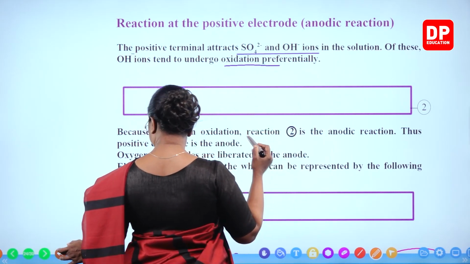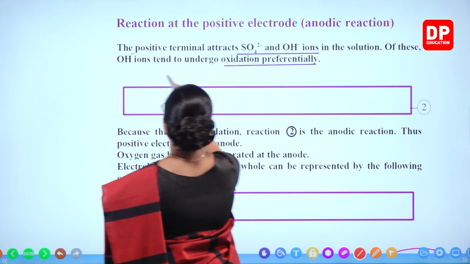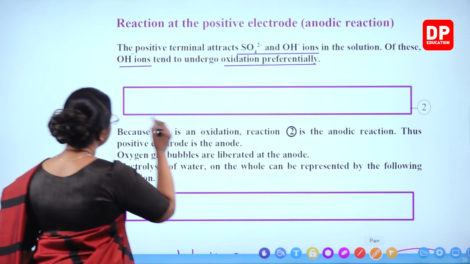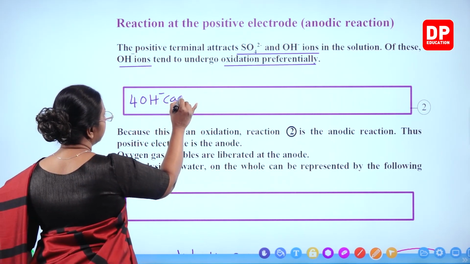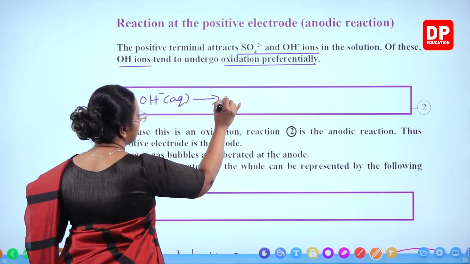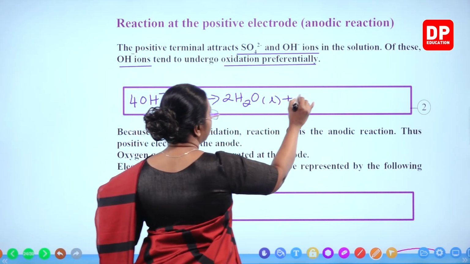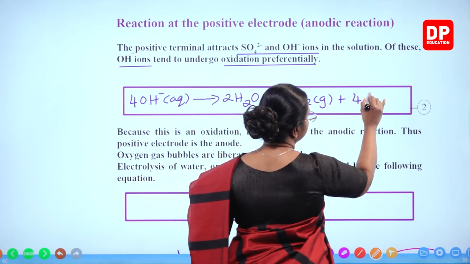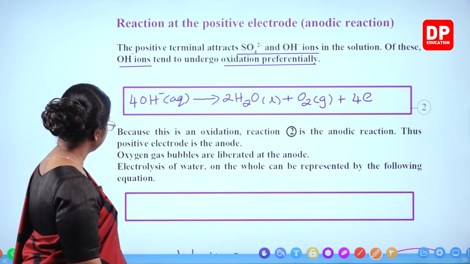So, here it is the oxidation of OH minus ions. You know the equation: 4OH minus aqueous gives rise to 2H2O liquid plus O2 gas, losing 4 electrons, and that we will take as the second equation.